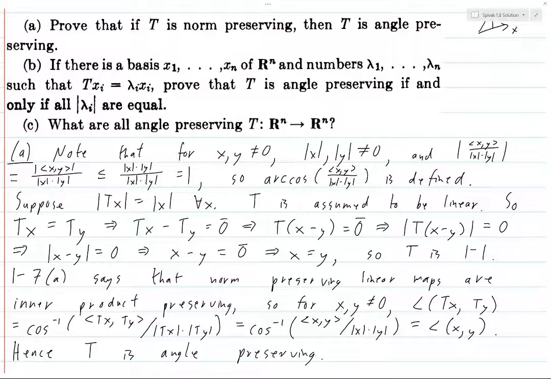So basically, using the language of more advanced linear algebra, what's happening is it's saying that if the eigenvectors of this transformation form a basis of Rn, and all the eigenvalues have the same magnitude, then that's equivalent to T being angle preserving.